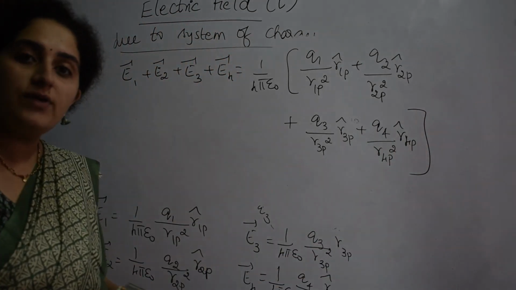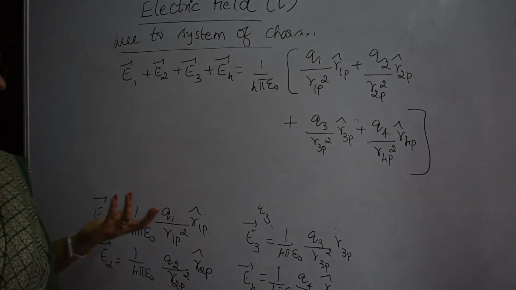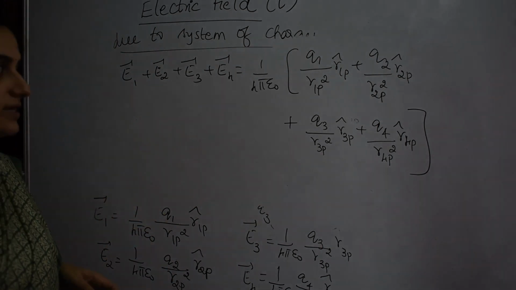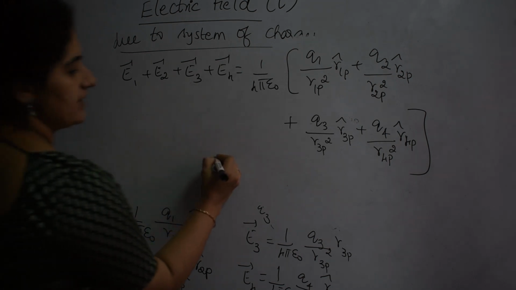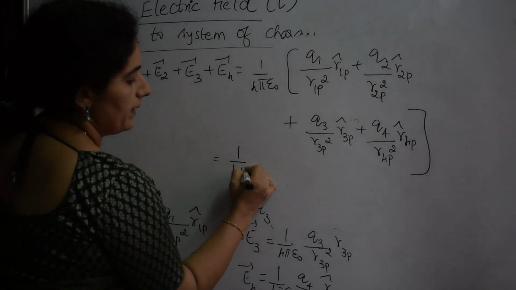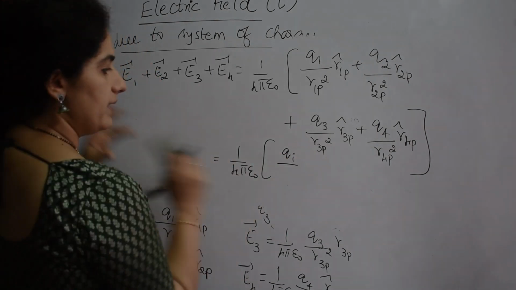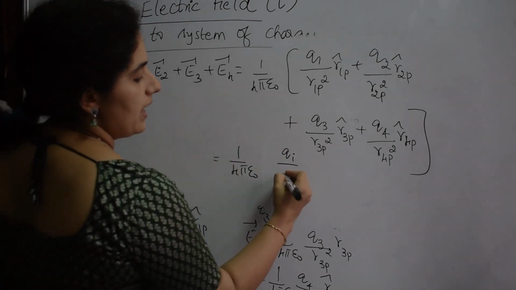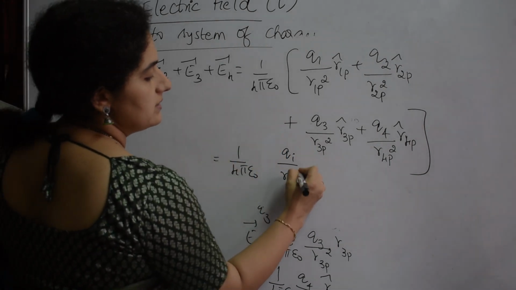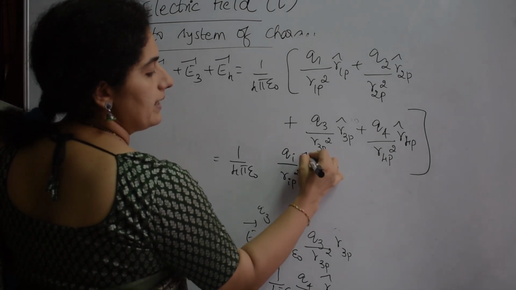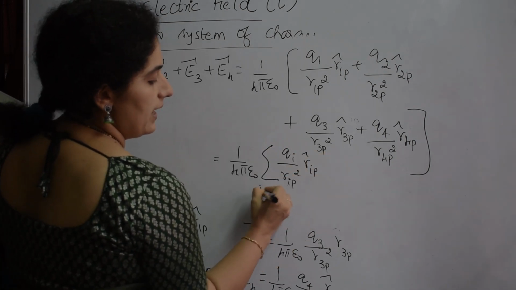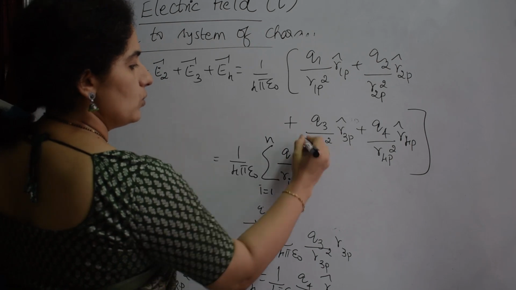Similar to how we have written the force in the generalized notation, in the same way I can write it as 1 by 4 pi epsilon naught into summation of Qi divided by RiP square into RiP cap, i moving from 1 to n.